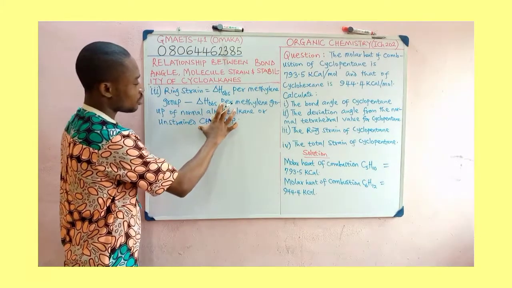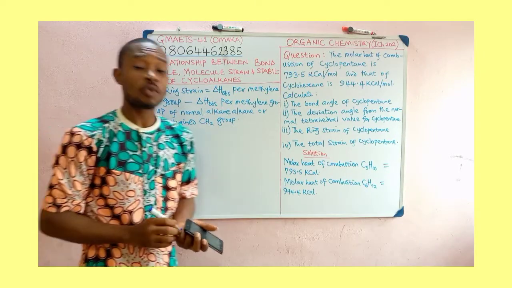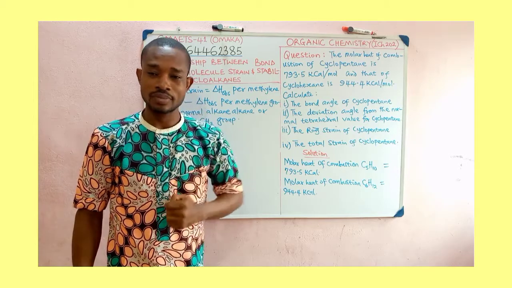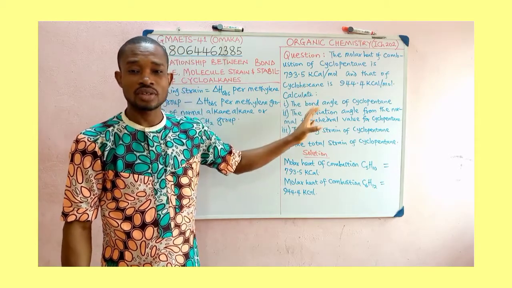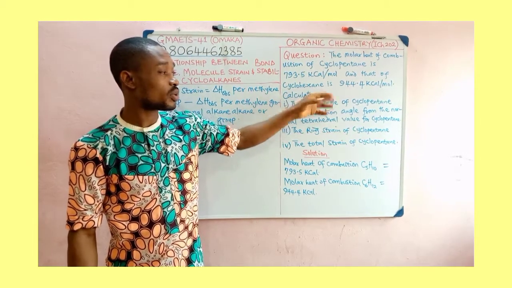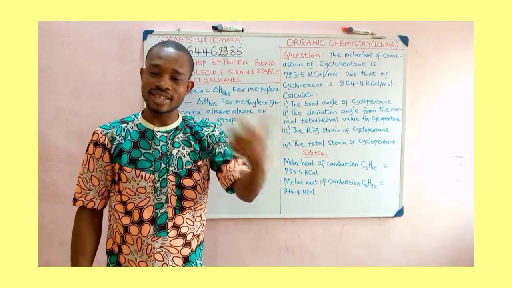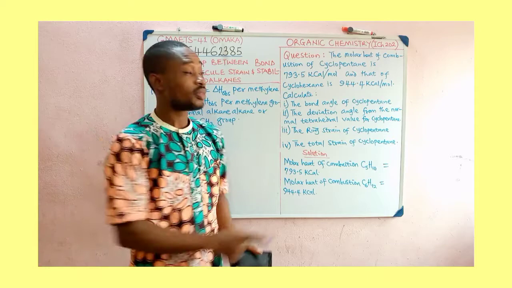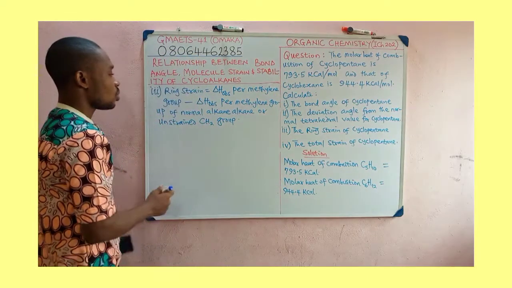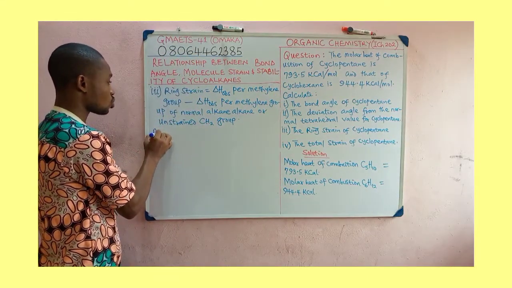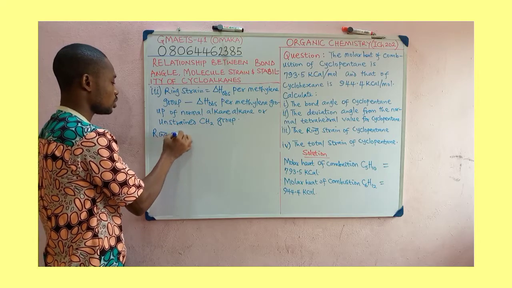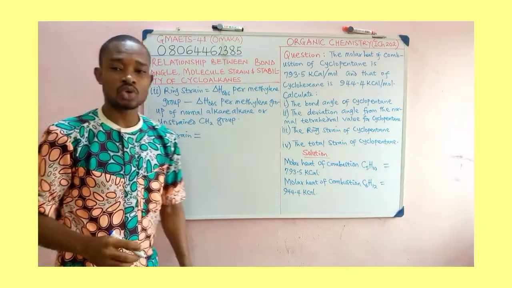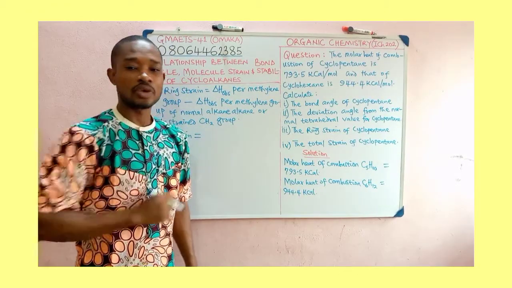This second part of the formula is supposed to be given in a question because it is taken as a reference point, 157.4. But it wasn't given here. Rather, they gave us the molar heat of combustion for cyclohexane, so we can get it from that. What would we do? Our ring strain is equal to, what's the formula for calculating the observed heat of combustion per methylene group?